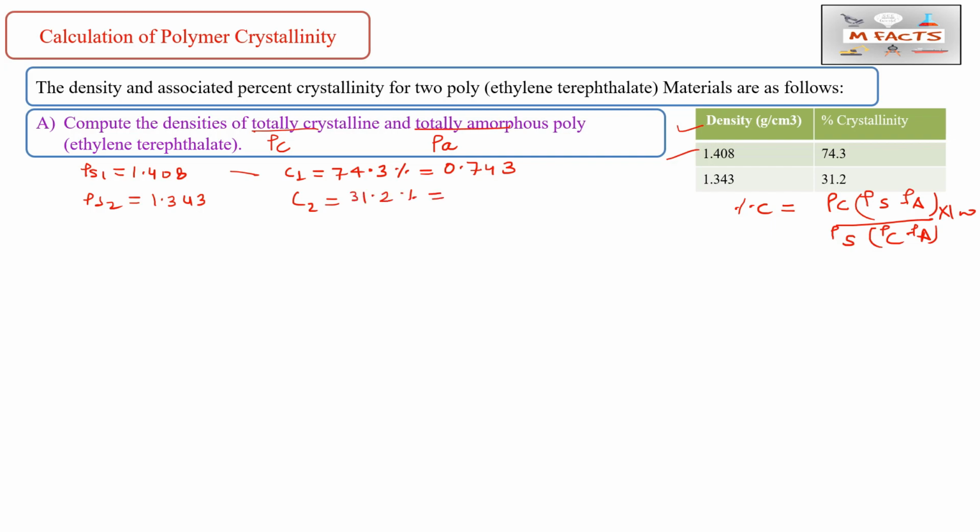If I write it as a fraction, we can write 0.312. Now I will put these values in this equation. We know S1 and S2, and we will make two equations. One equation is with the S1 value and the C1 value, and the other equation we will make with the S2 value and the C2 value. By that we will get two equations and two unknowns, so we will find the two unknown values, rho C and rho A.